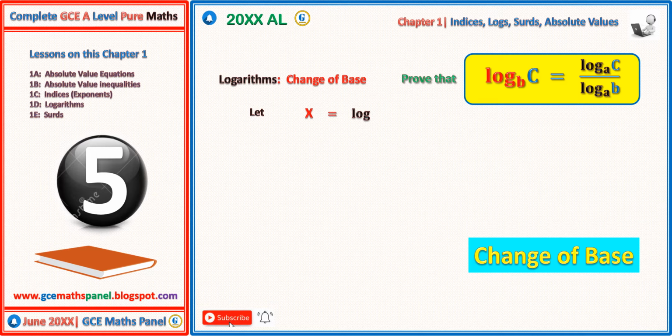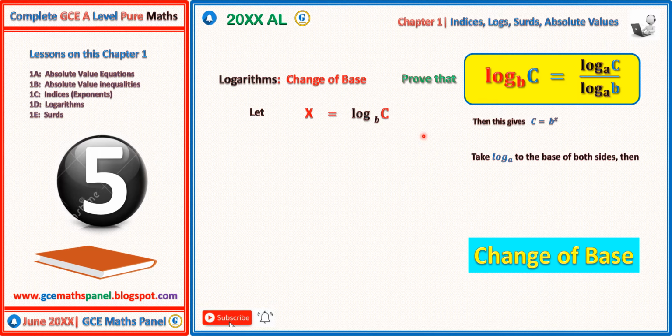So we say let x be equal to log c base b. Let our x be equal to this log c base b. From here, converting it to exponential, we will have b to the power x equals c.